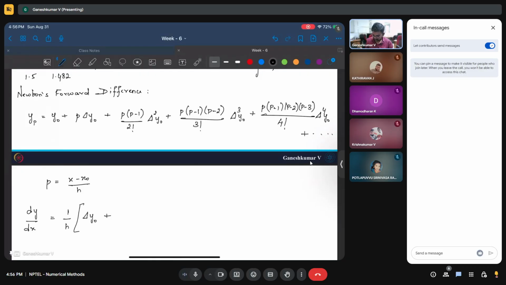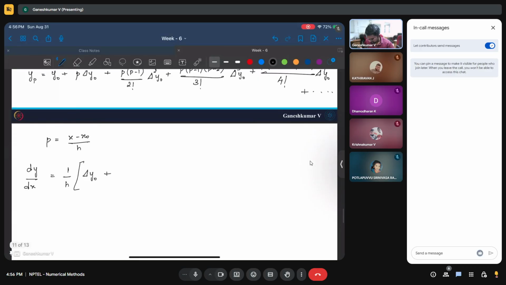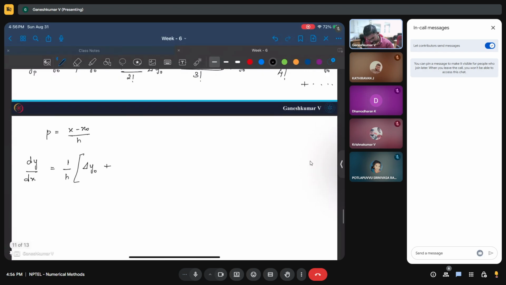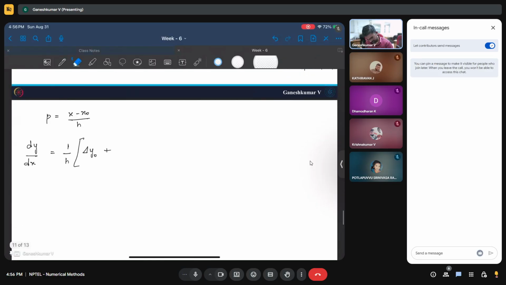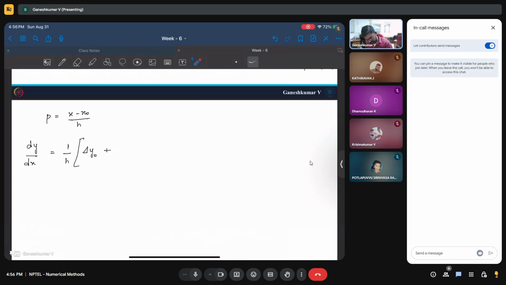The professor has already done this and given this notation, so let's just use that.